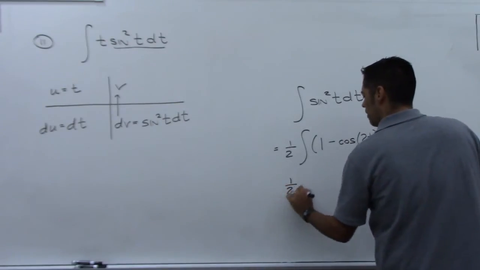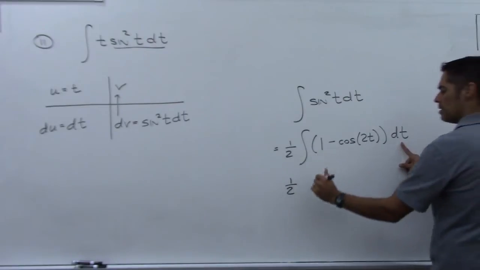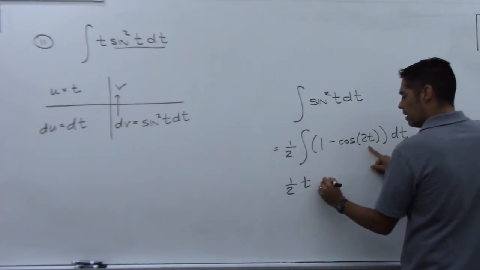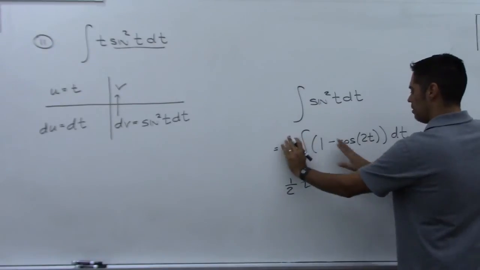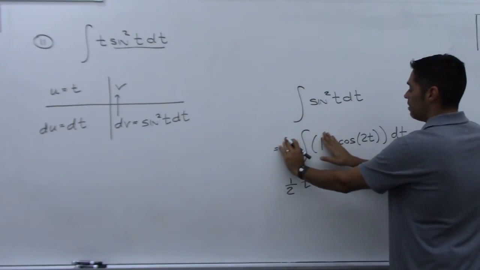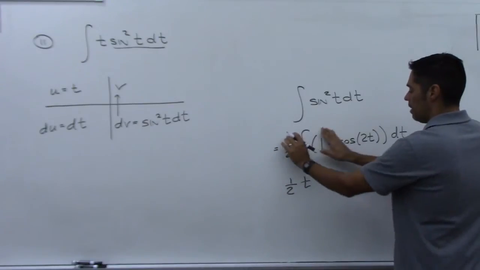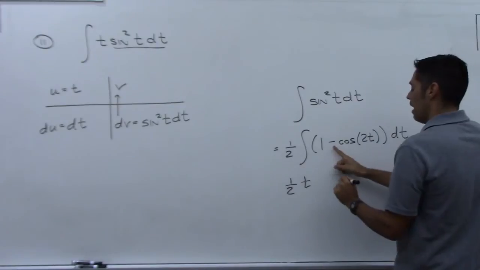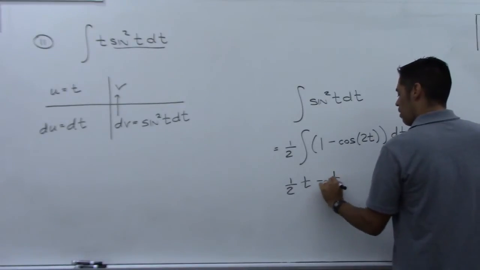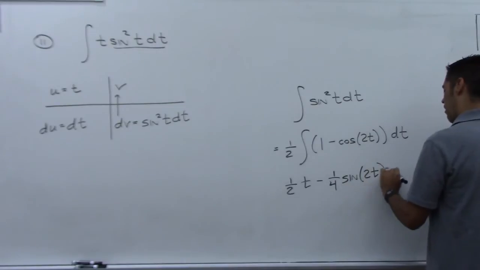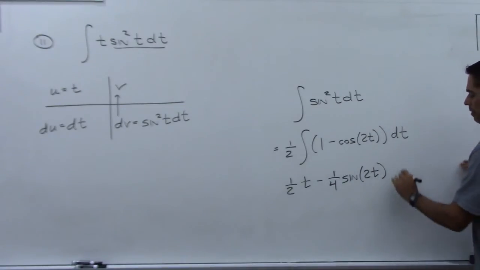So 1/2, antiderivative of 1 with respect to t is t. Antiderivative of cosine 2t is 1/2 sine 2t. But then I make it negative 1/2 sine 2t, and then I hit it with a 1/2. So it becomes minus 1/4 sine 2t. That's the antiderivative plus a constant.